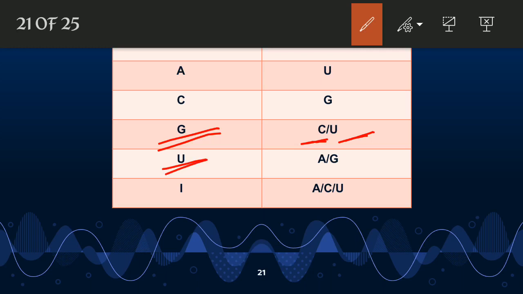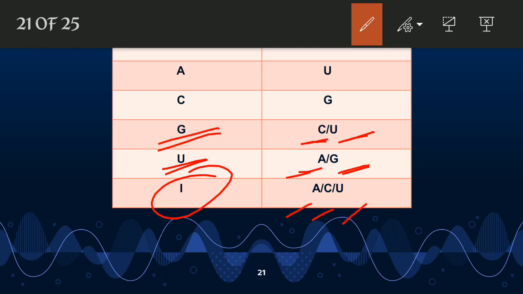Now here again, uracil can pair with adenine as well as guanosine. The last one is I. It is hypoxanthine, a derivative of inosine bases, hence the letter I. This inosine can pair with adenine, cytosine, and uracil.